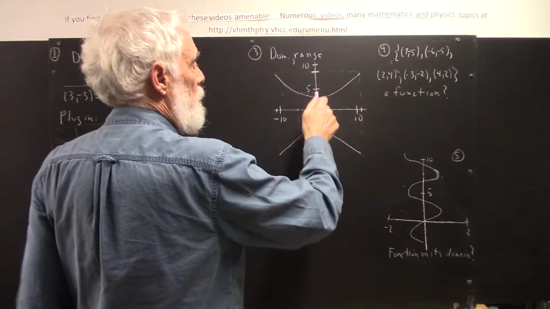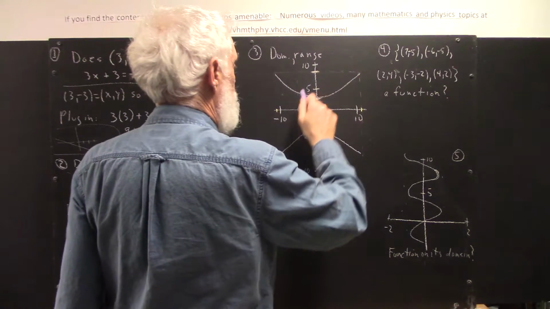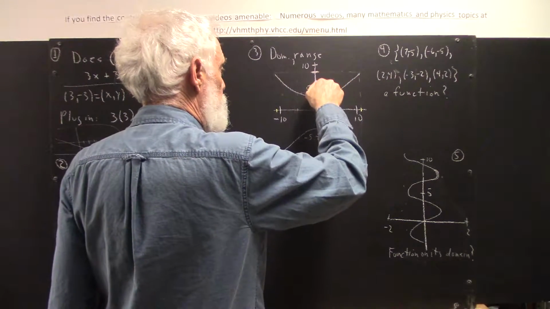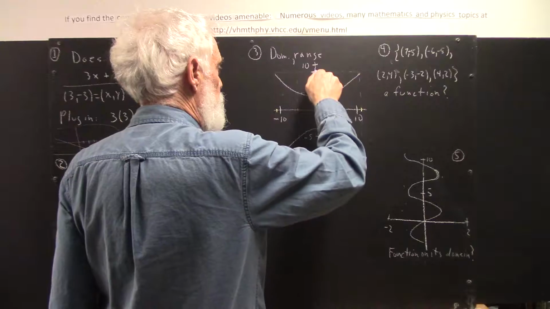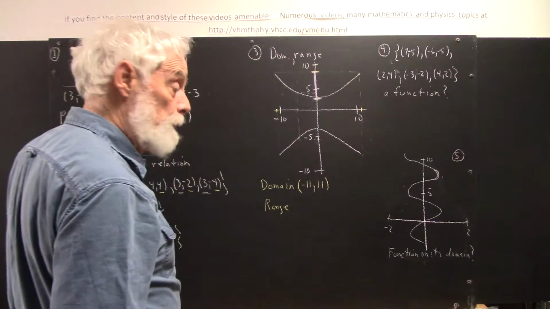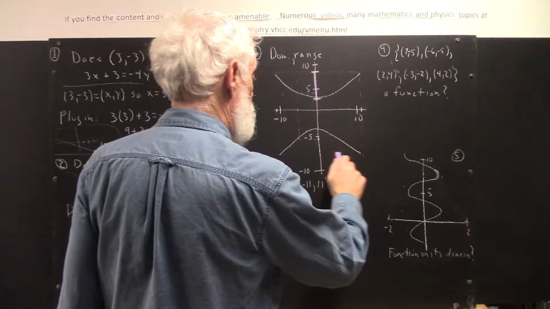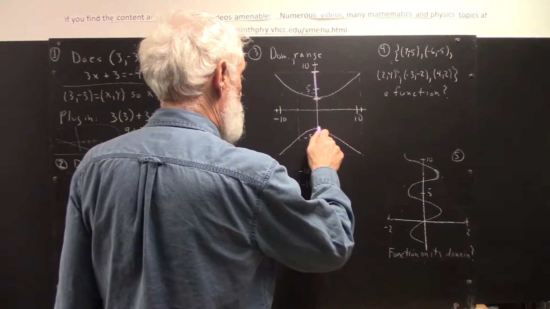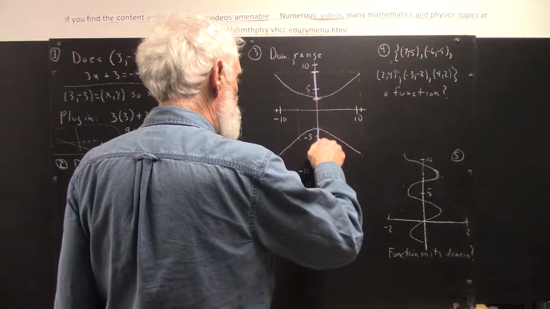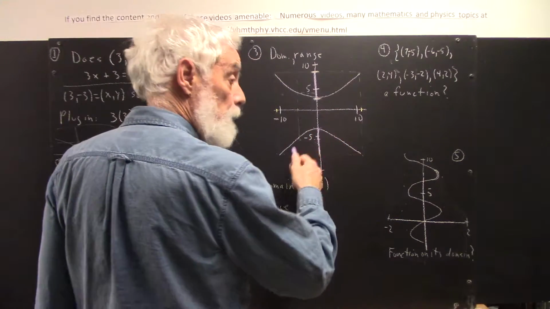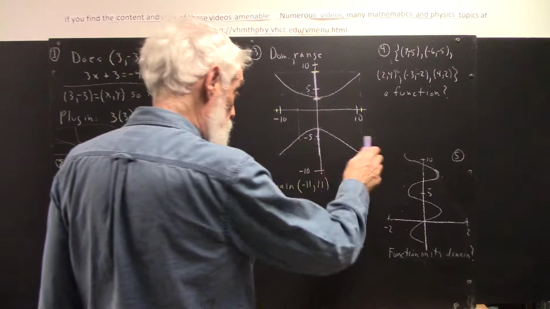I went with different colors over here, but that doesn't matter. Okay, so the range would be this interval, and down here we have a similar interval. All the y values between here and here are taken at some point on the graph of the function.